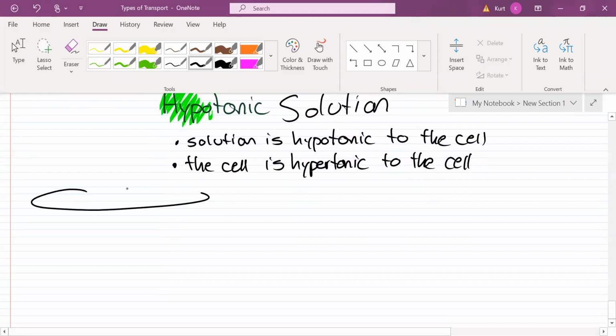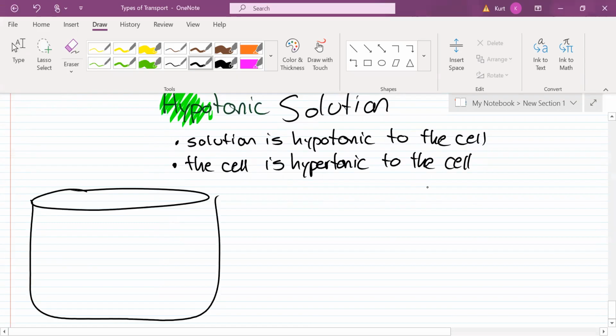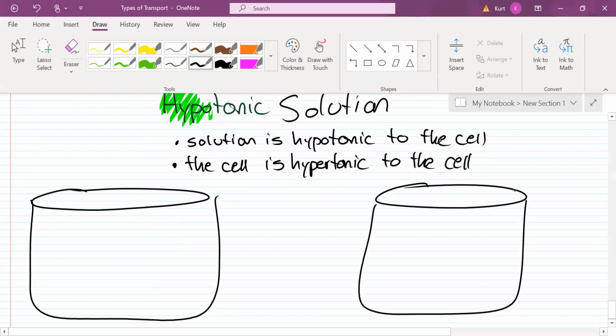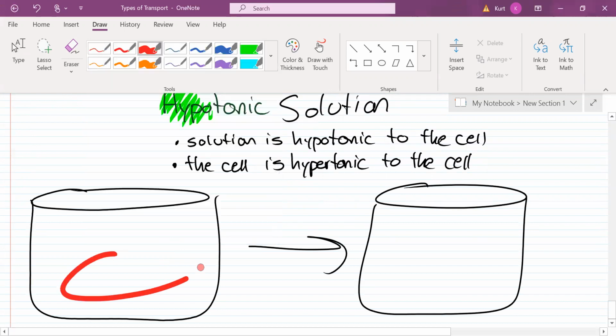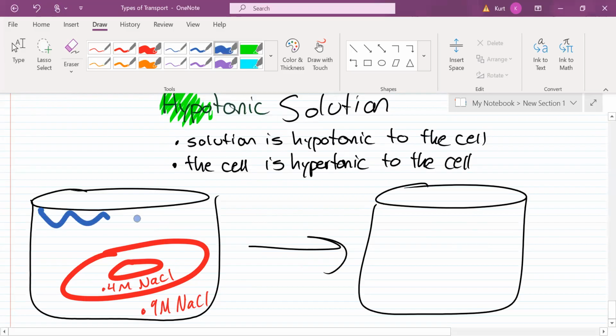Example number 2. Let's get back to having our cell. Let's say this is 0.4 molar sodium chloride. And out here it is 0.9 molar sodium chloride. Which side has more solute? Obviously the solution does.